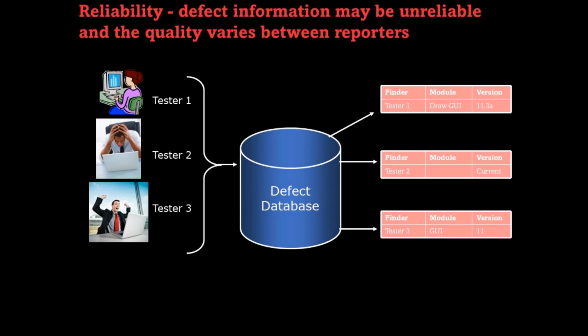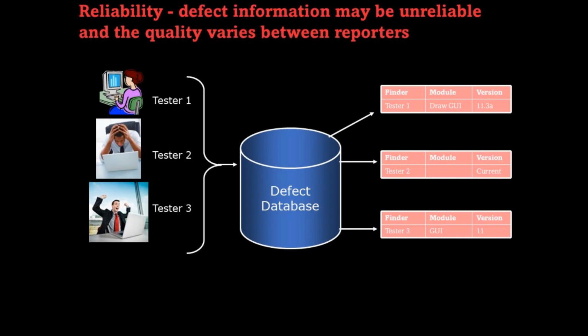Reliability in defect reporting can be a major challenge. The quality of defect information often varies between reporters. As we see here, different testers report the same defect in inconsistent ways. Tester 1 provides detailed and accurate information, the module, version, and description. Tester 2 gives vague details, like current version, making it harder to reproduce the issue.